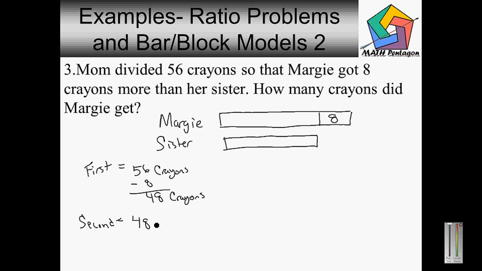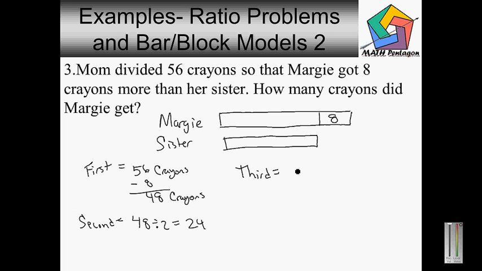So 48 divided by 2 equals 24. Then we find the amount of crayons Margie has.